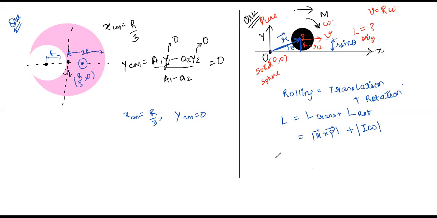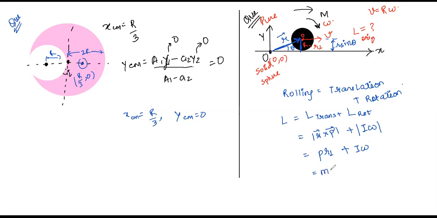We wrote r as r sine theta or r perpendicular, plus I omega, correct?